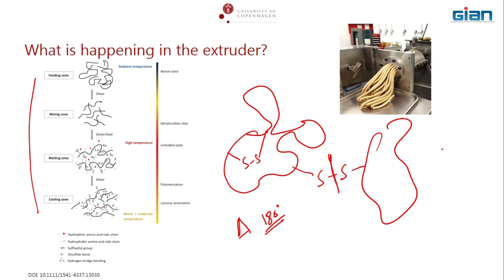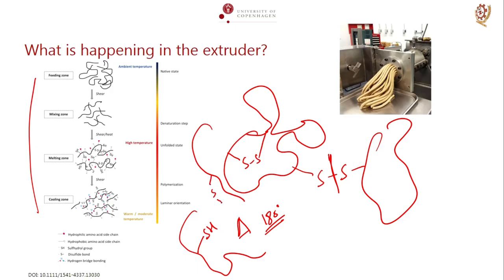Then you will break this intramolecular disulfide bond, and the protein will be exposed like this one. Now when a thiol group is exposed, and if there is another protein with a disulfide bond like this one, they can interact with each other and form a new cross-link like this one. So you're creating protein-protein cross-linking, and that can lead to aggregated proteins, and that can essentially give you the fibrous structure.